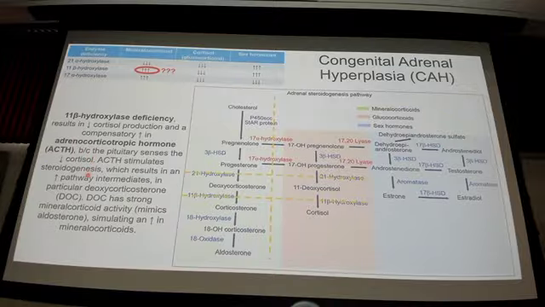When that occurs, this steroidogenesis pathway in general will be increased, and there will be a bottleneck increase of intermediates in both of these pathways, but particularly the deoxycorticosterone, which is also called DOC, and DOC has mineralocorticoid activity. So DOC is able to interact with mineralocorticoid receptors, thus simulating the effect of having an increase in mineralocorticoids. Does that make sense? Yes.